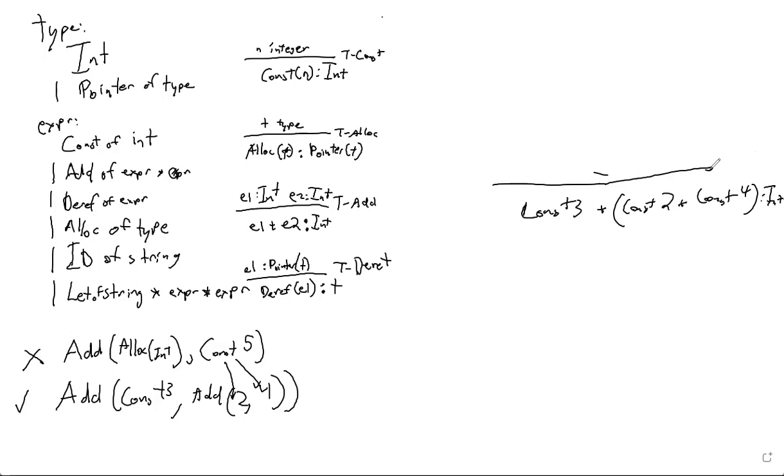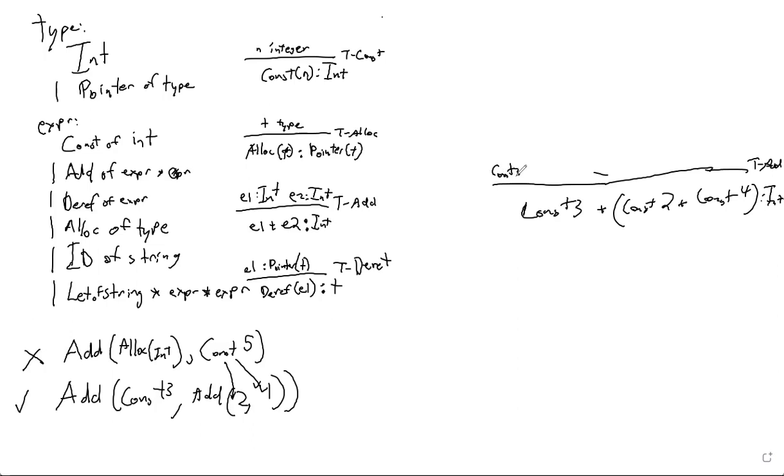And so what are the premises? Well, we can use tadd here to go backwards and see, well, we need E1 to be of type int, and we need E2 to be of type int. So E1 here is const 3 and E2 is const 2 plus const 4. Then we just add those premises up here.